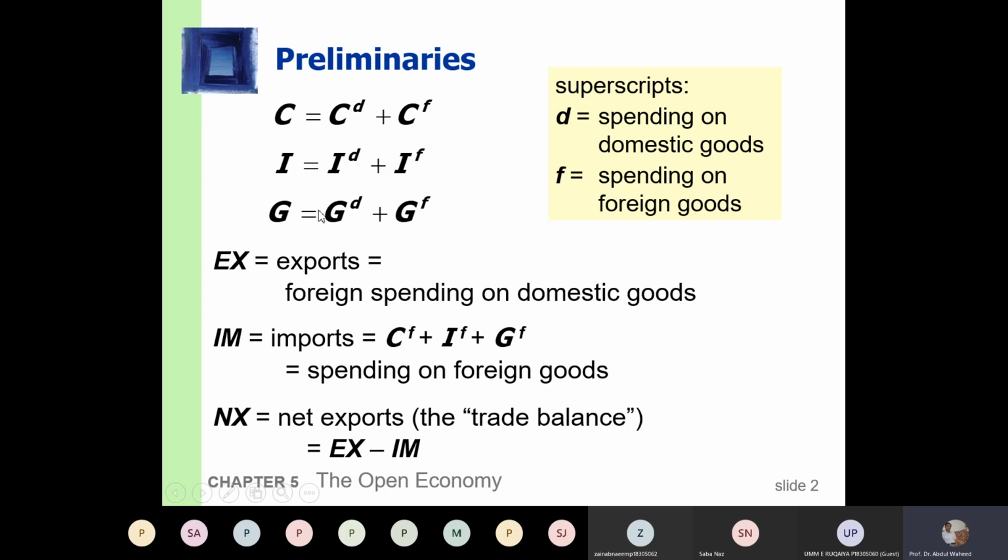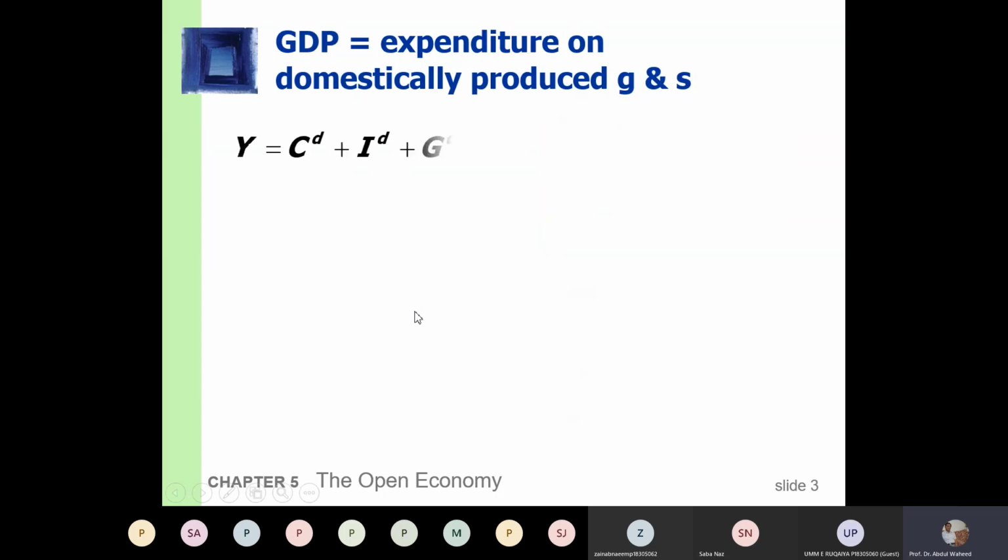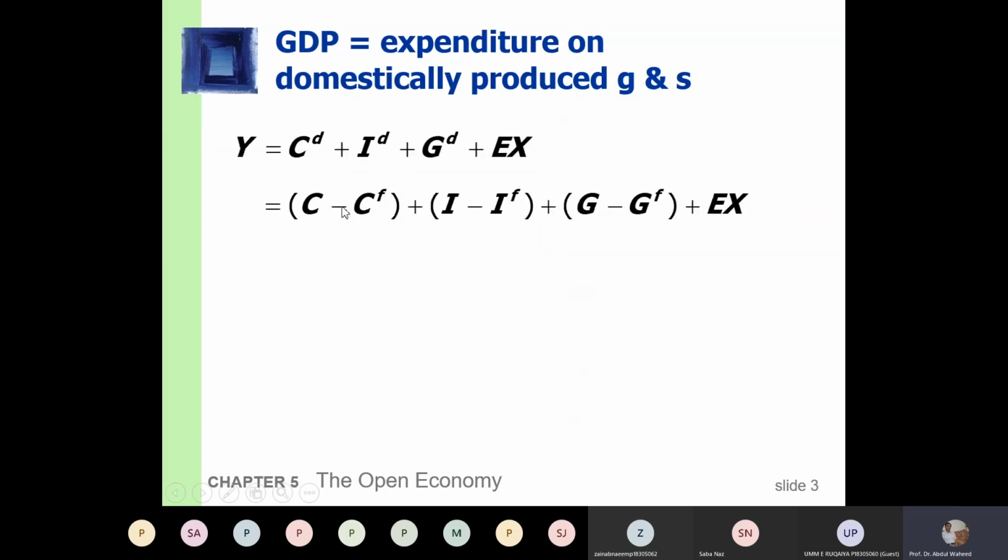Same is with GD: GD will be equal to G minus GF. So in place of CD, ID, and GD, we put C minus CF, I minus IF, and G minus GF.